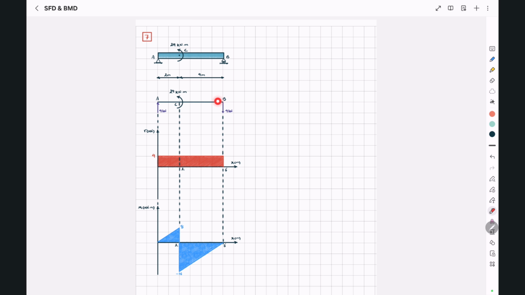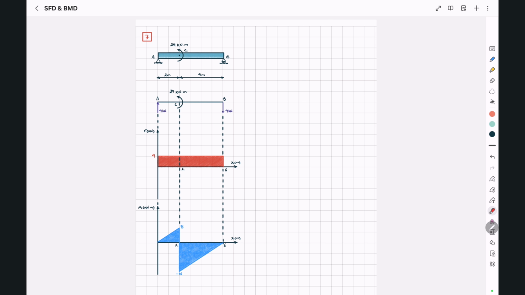And from point C to point B, we don't have any concentrated moments. And the change in moment could be determined by calculating this area, which was 16 kilonewton meter. Negative 16 plus positive 16 will bring us back to bending moment equal to 0. And since the intensity of our shear was constant, the slope of our moment diagram will remain constant between points C and B. So we could connect these 2 points by drawing a straight line with a slope of positive 4.